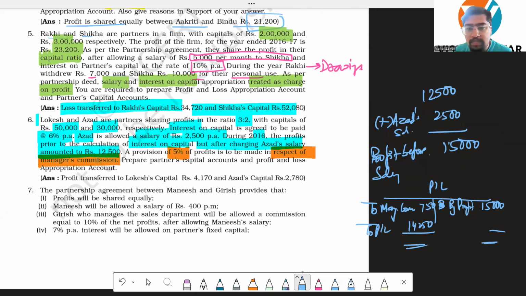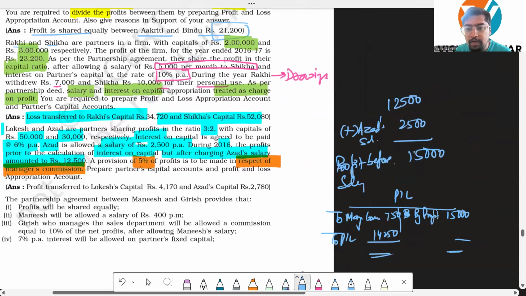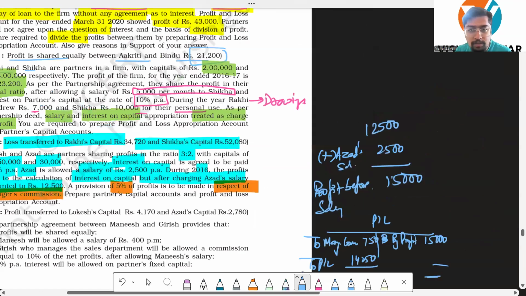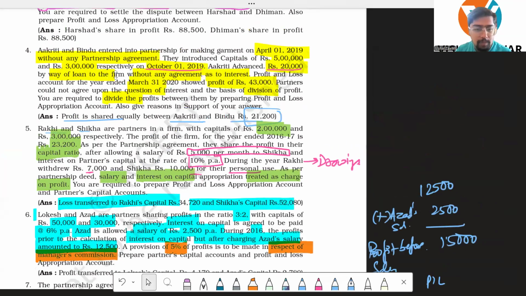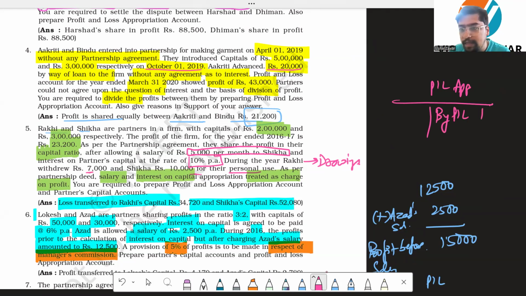Now, from this 14,250, I make a P&L appropriation. I'm making it over here at the top. Okay. So P&L appropriation. Yes, I get a profit from P&L 14,250. What all things I need to do is I need to pay the salary. The salary is an appropriation. So I pay a salary to Azad 2,500.